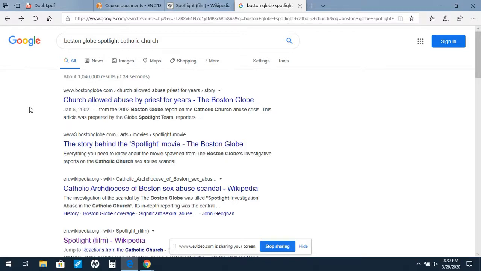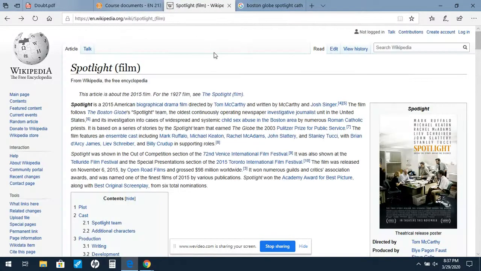And this was dramatized in a really excellent film named Spotlight. This is the Wikipedia page. You can see over here it's got a pretty great cast, and the film was released in 2005. And as you can see, it won the Academy Award for Best Picture.